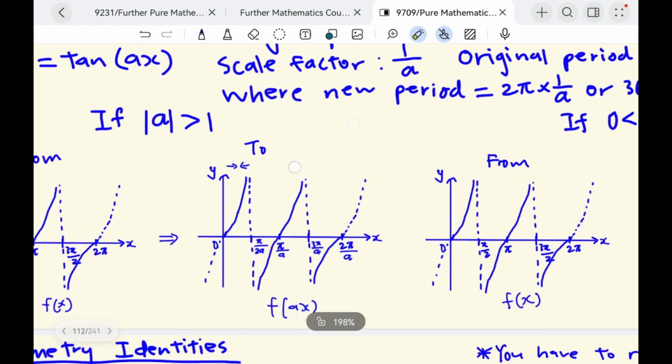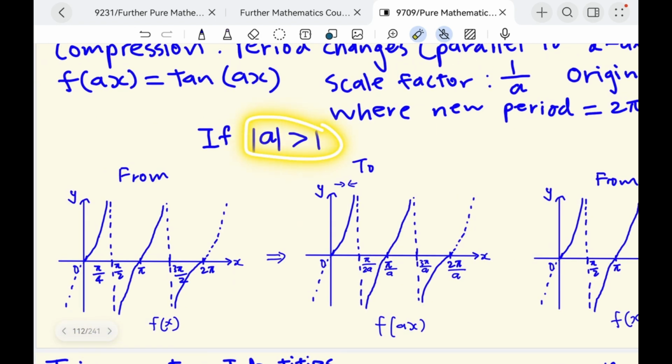So for modulus of a greater than 1, because the original cycle of the tangent graph is 180 degrees, a cycle means a first cycle, and you repeat for the second cycle. So here is your first cycle from 0.